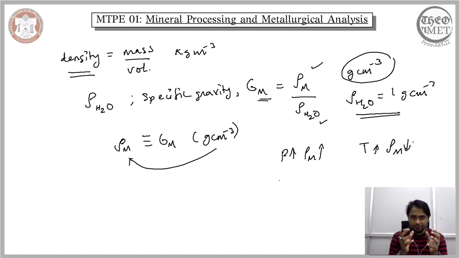Now, if you want to consider the density of the mineral on an atomistic scale, the equivalent parameter that helps us understand the density of a mineral on an atomistic scale is packing index.